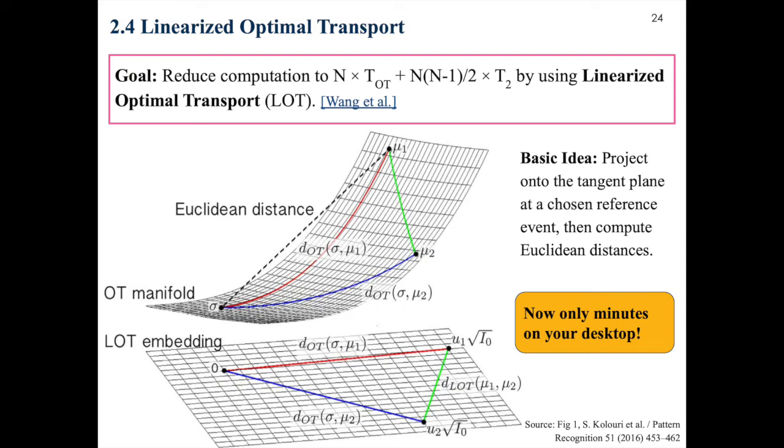And this tangent plane is no longer the previous ground space. Previously, we calculated the Euclidean distance on the ground space. Now this is in the OT space, so it's a different space. Is that like locally Euclidean as opposed to globally Euclidean? It's not even that, because now we are in a completely different space. Previously we were in some ground space you choose, and now we are already in the OT space.